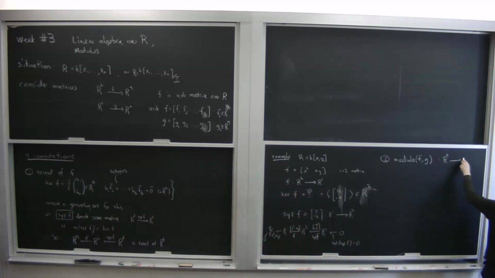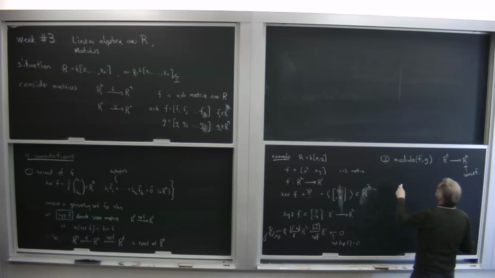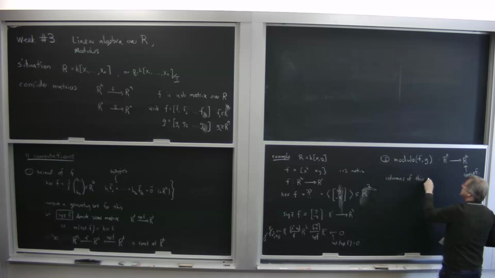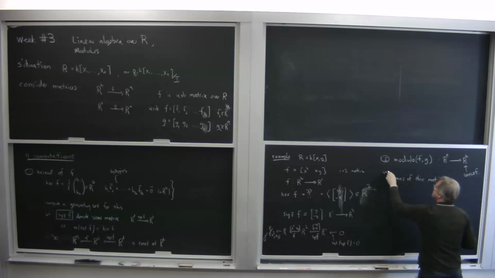And in fact, this is going to go to the source of F. Okay. So here's what I want: that the columns of this matrix will generate, so we want this.